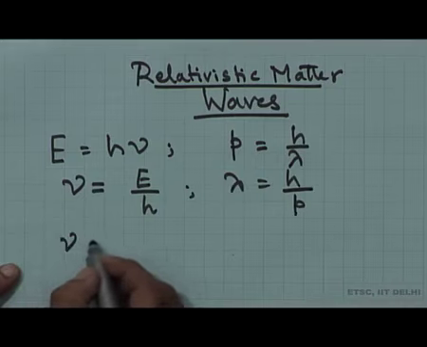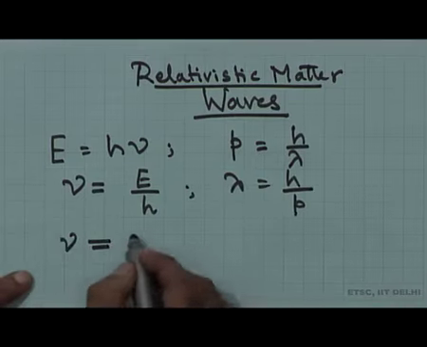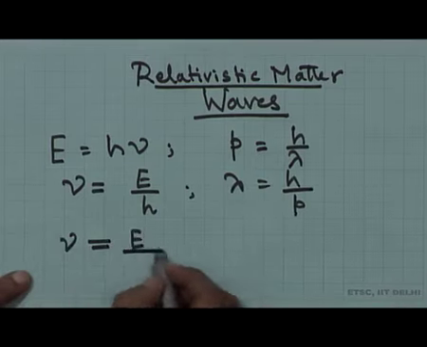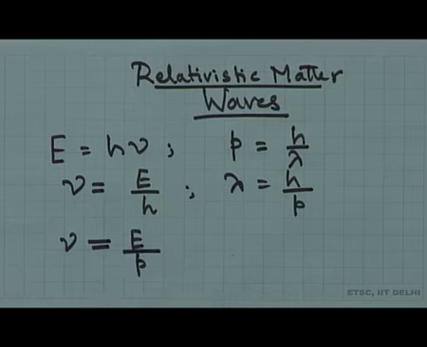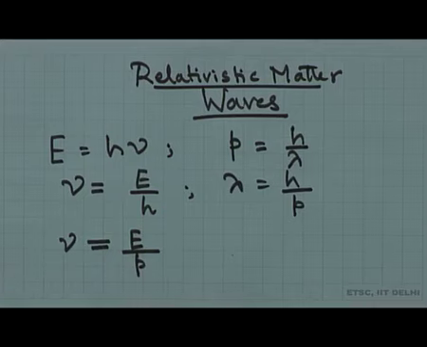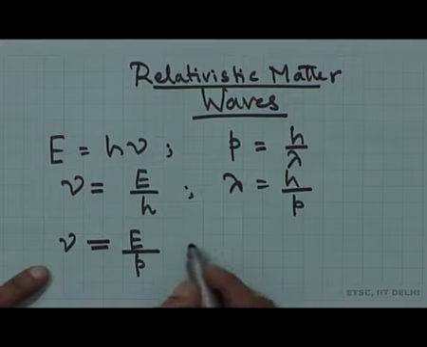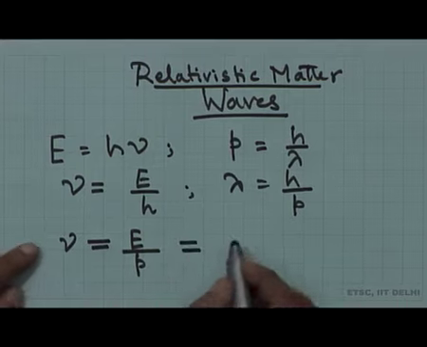Therefore, my v wave, as in the earlier case, is given by E by p. I am repeating this calculation because it is worthwhile to have this kind of redundancy so that the idea gets completely fixed. Except that now for E and p I am not going to employ the Newtonian expression, but I will employ the relativistic expression. So what is my energy?